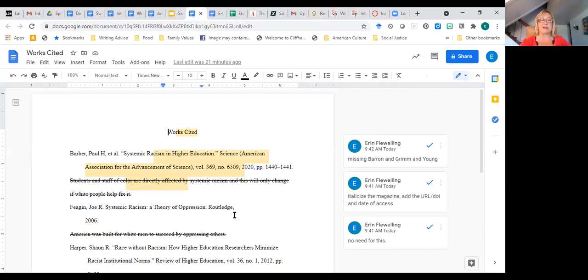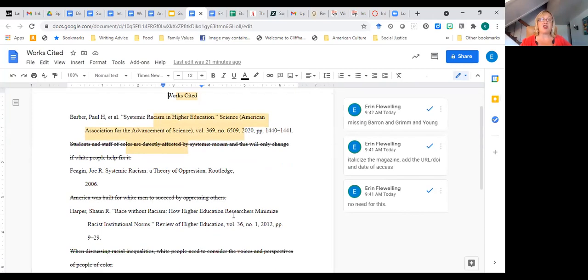So this is the works cited page, and the student is using MLA 8, except for one thing. You'll notice that I indicate the student should add the URL, DOI, and date of access, which are required.